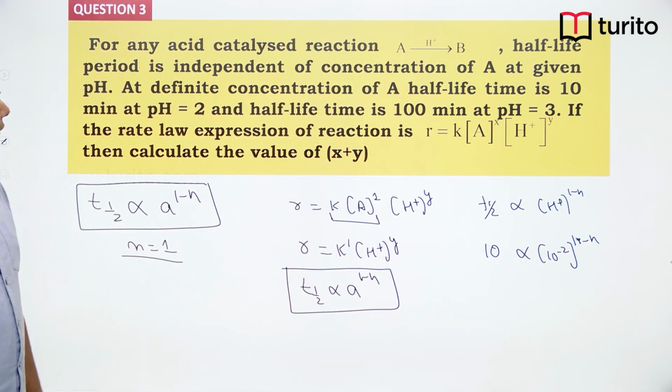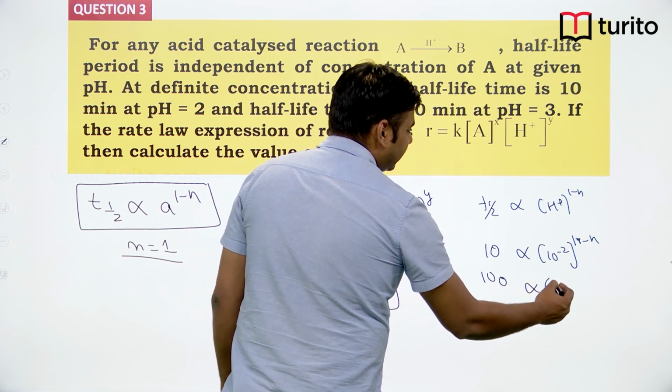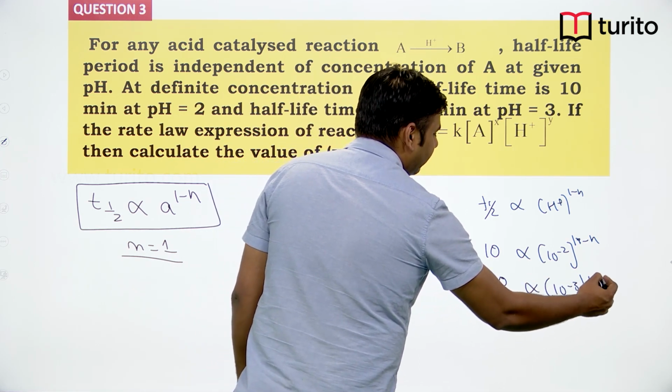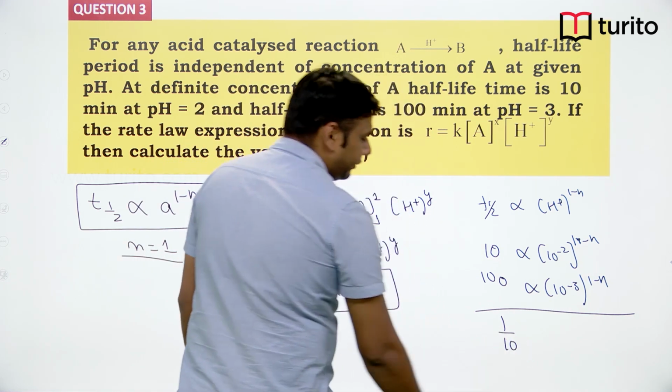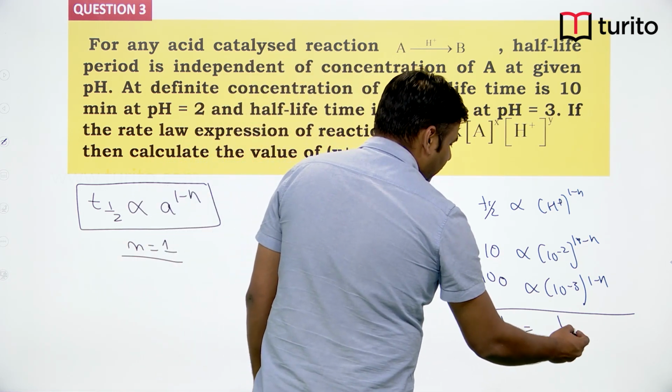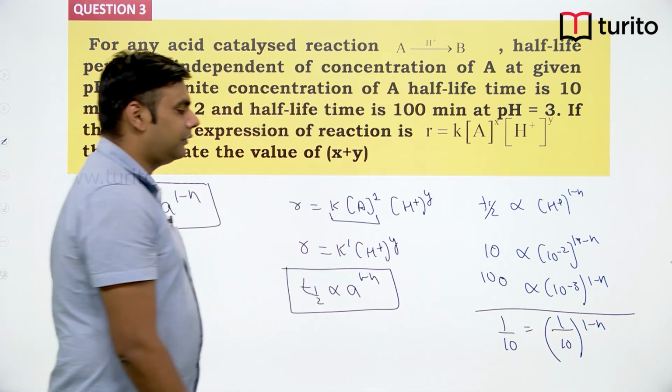Okay. And when the half-life is 100 minutes, this is pH 3, so that is 10 raised to power minus 3 raised to power 1 minus n. So just divide the two, so we will get 1 by 10 equal to 1 by 10 raised to power 1 minus n.